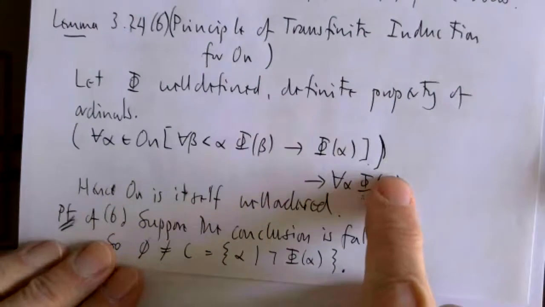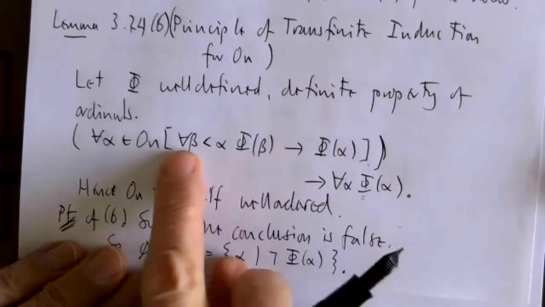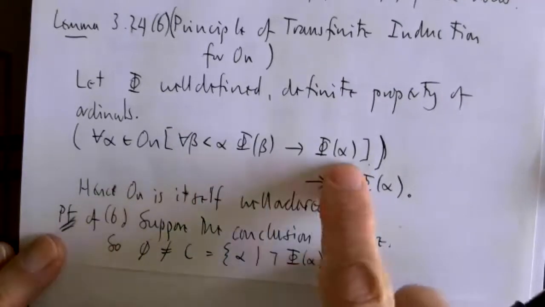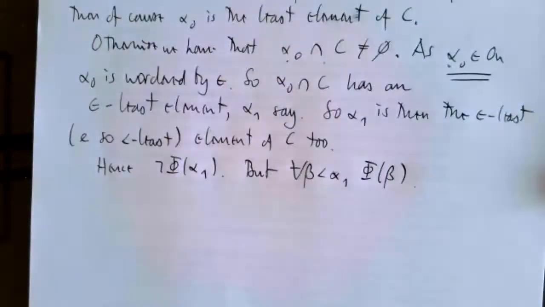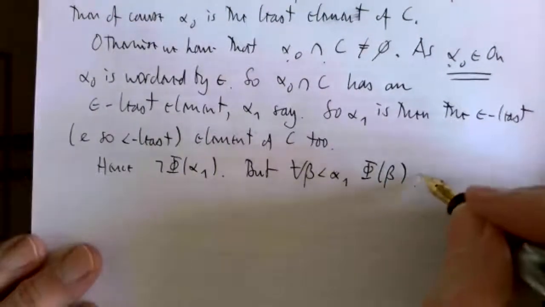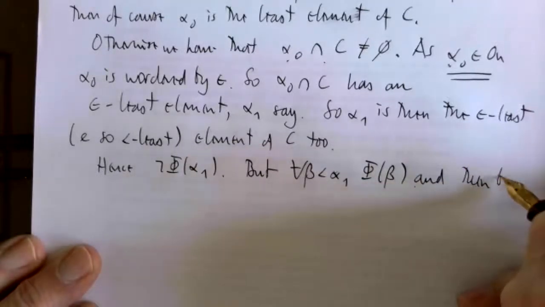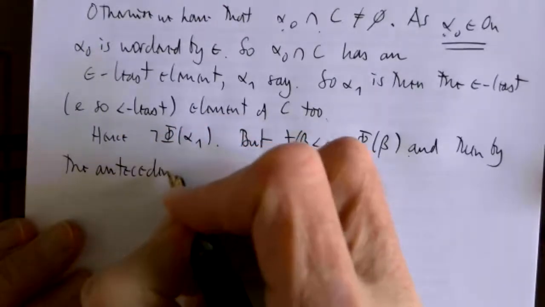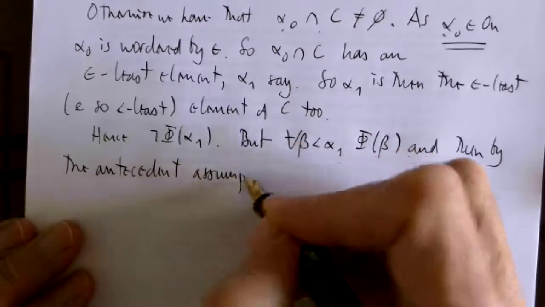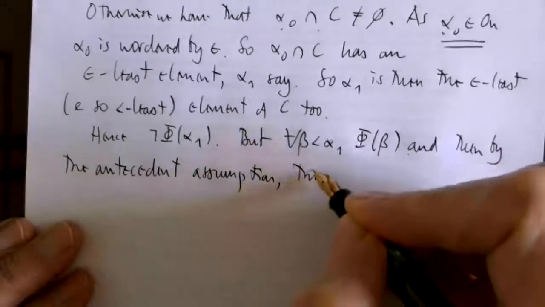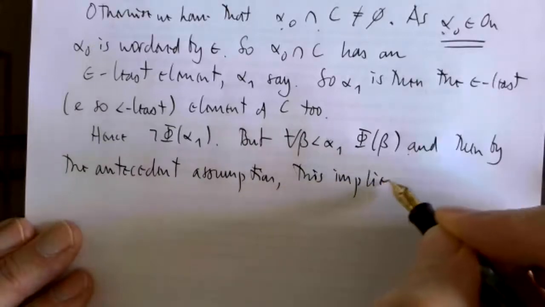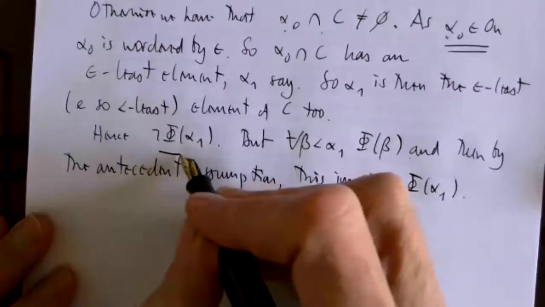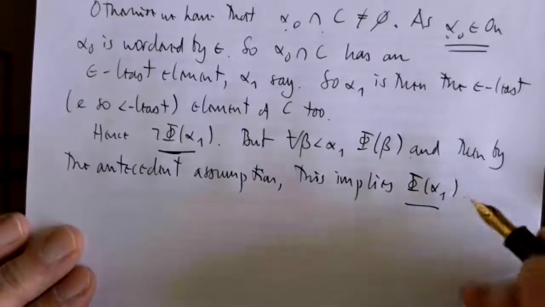If we're assuming the antecedent here, for all smaller ordinals than alpha 1, phi beta holds, but that's going to imply phi alpha 1. So then by the antecedent assumption, this implies phi alpha 1. So that is in contradiction to the definition of alpha 1.